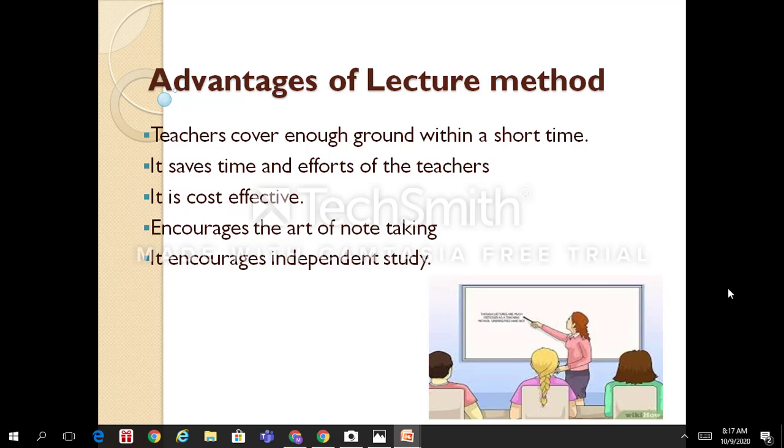It saves time, and it is cost effective. You are not using any teaching aids, you are not using any material, you are not buying anything. It encourages students to take notes. As you are talking as a teacher, the students will be taking notes, and it encourages independent study because the students will be able to study on their own.